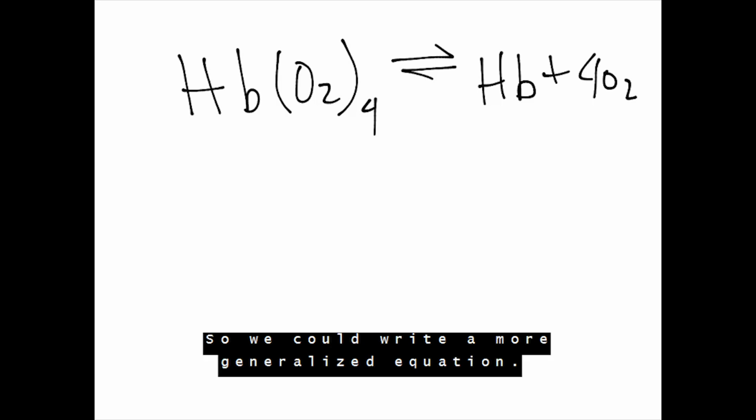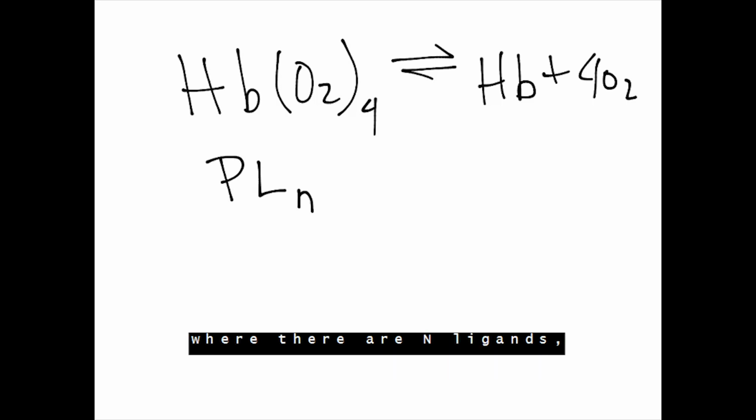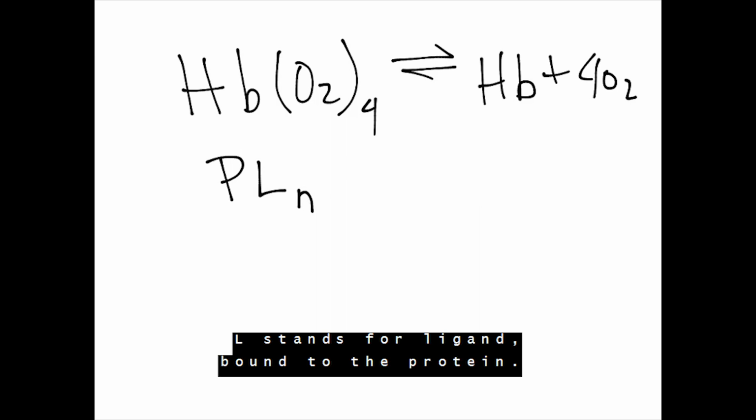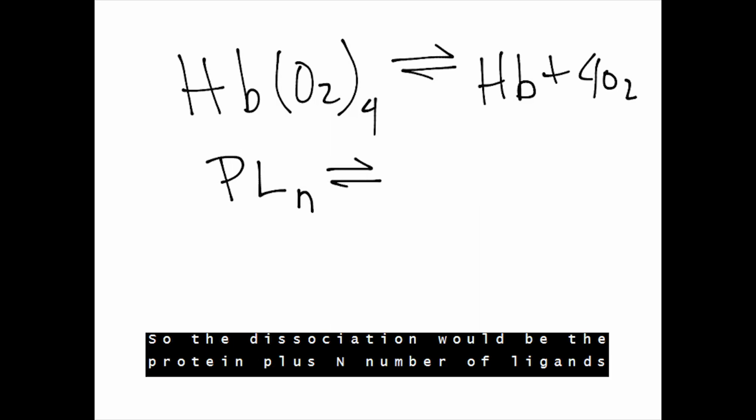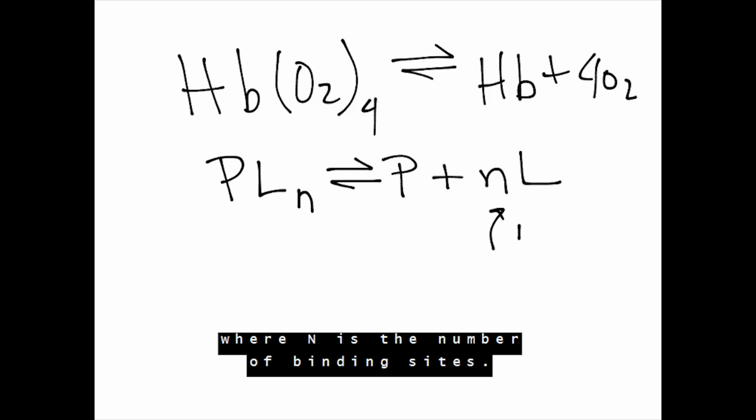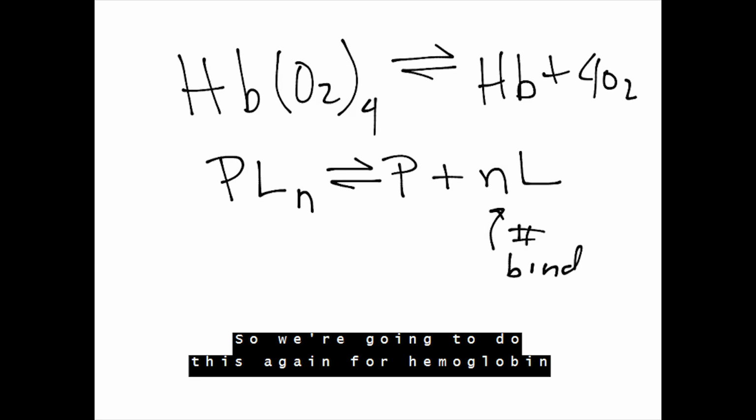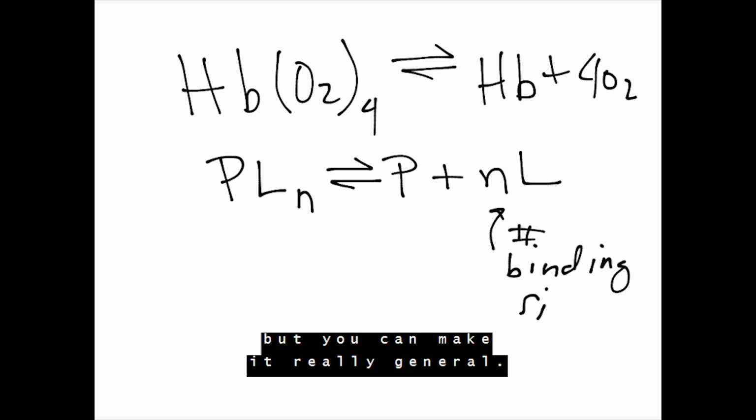So we could write a more generalized equation. So there's some protein ligand complex where there are N ligands, L stands for ligand, bound to the protein. So the dissociation would be the protein plus N number of ligands, where N is the number of binding sites. So we're going to do this again for hemoglobin, but you can make it really general.